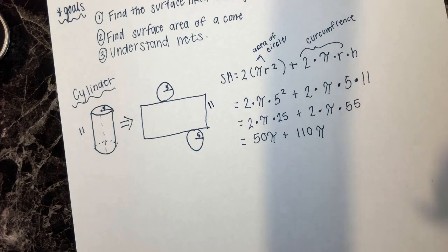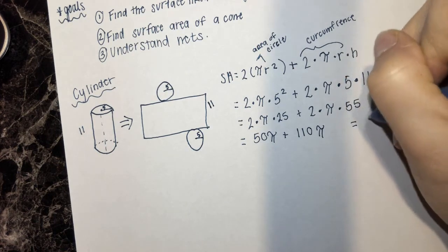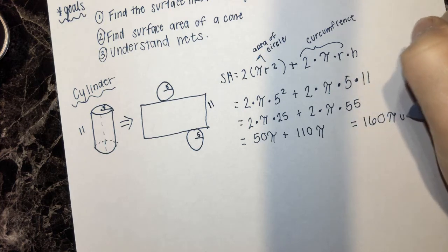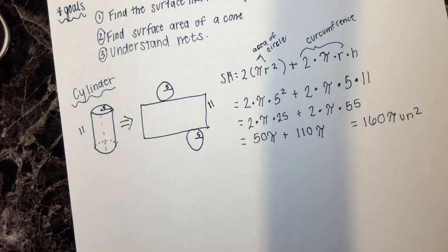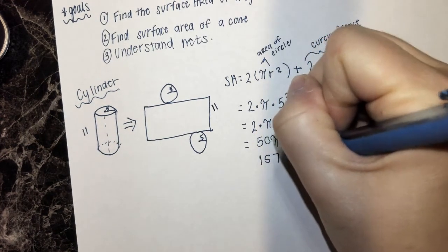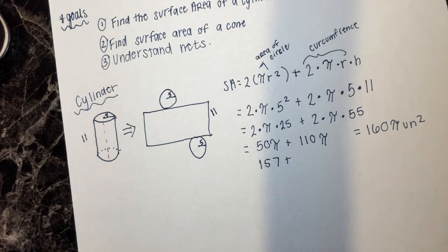Then when I simplify, you're either going to get 160 pi units squared because it's flat now, it's two-dimensional. There's no label, I'm going to put units. Or you could plug it into your calculator and you get 50 pi, which would be about 157. I'm going to round to the whole number today to make it as easy as possible.